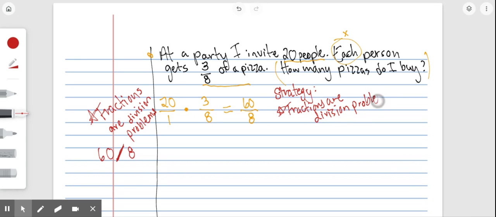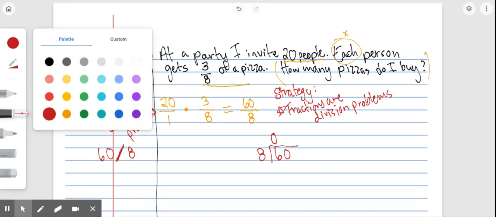And then we know what to do with division problems. We've done this for forever and ever. So we're going to set up long division here. 60 divided by 8. Okay. All right. So I go one at a time. Does 8 go into 6? No, it does not. So I put a 0 here. And the 6 remains. Does 8 go into 60? Well, let's count because I don't remember.